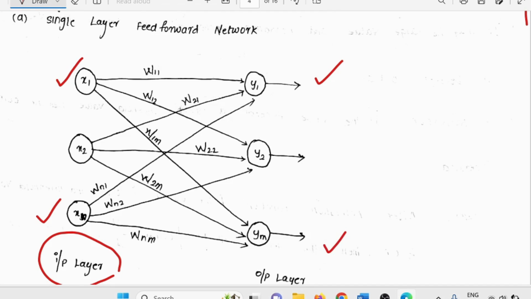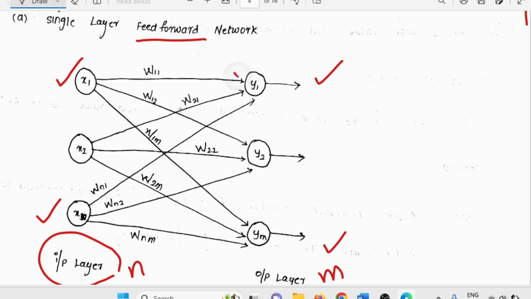You can have different number for both input and output. So here we have taken input is having n and output is having m number of neurons, and each of the input neuron will be connected to the output layer through weights, and that is called as feed forward network.